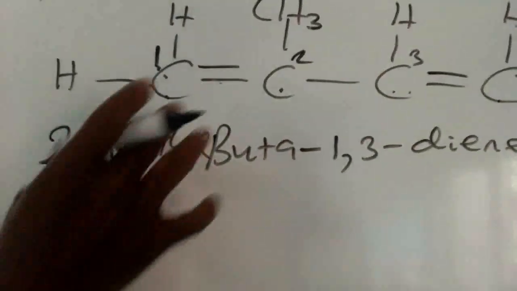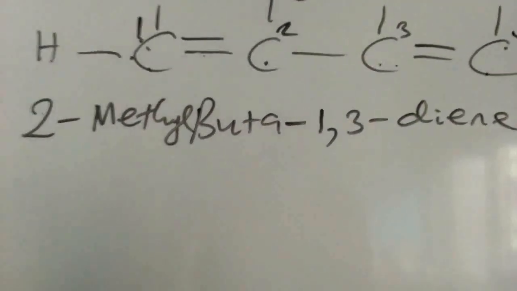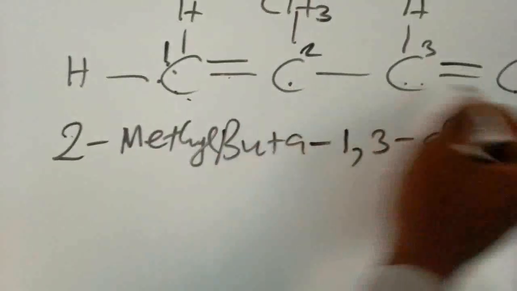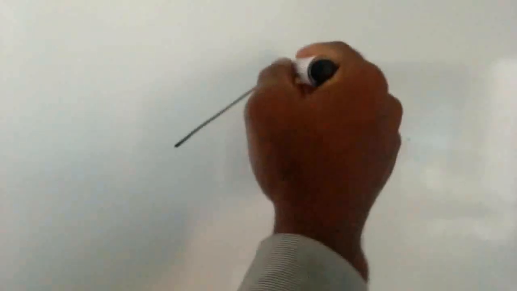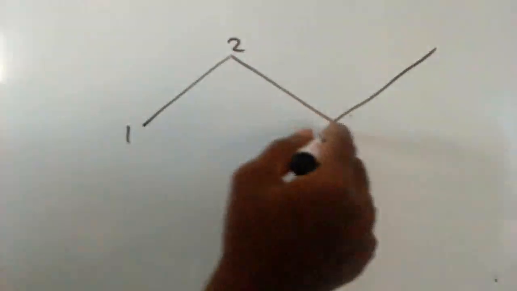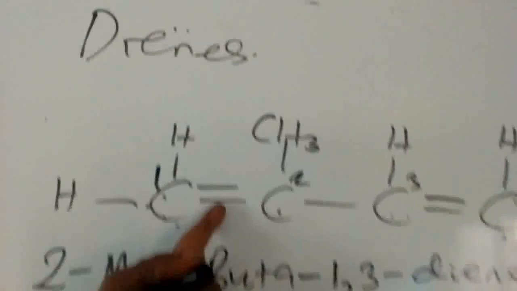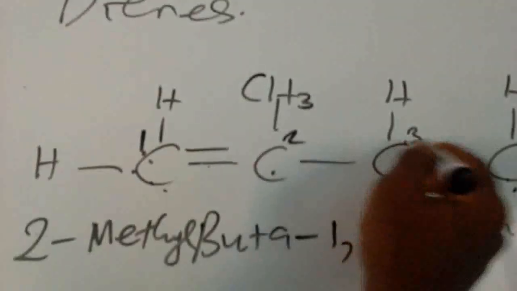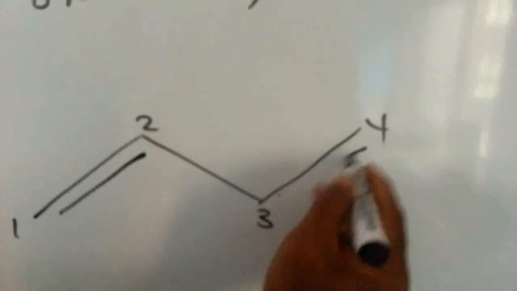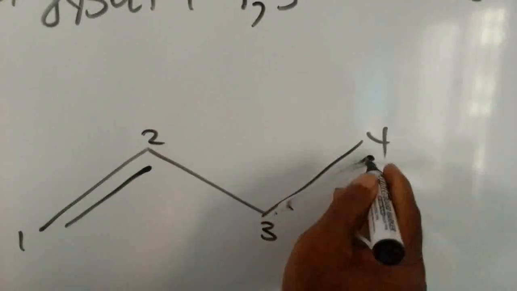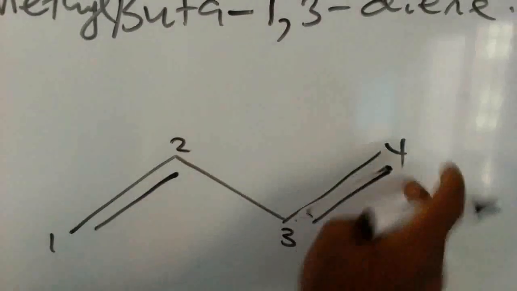Now to draw the skeletal structure, there are 4 carbon atoms here. I'm going to join the 4 carbon atoms on a straight line. That is 4 carbon. Then we position the double bond. Double bond is between 1 and 2. We put it here. Between 3 and 4, we put another one there.